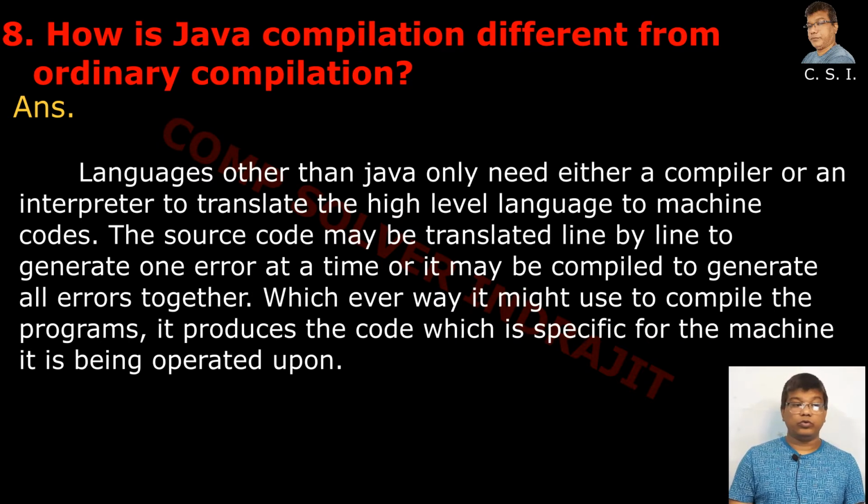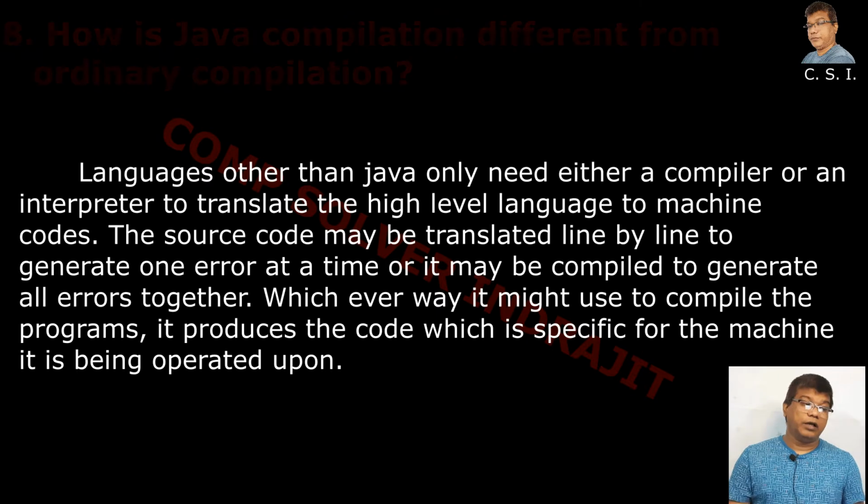The source code may be translated line by line to generate one error at a time, or it may be compiled to generate all the errors together. Whichever way is used to compile the programs, it produces code which is specific for the machine it is being operated upon.